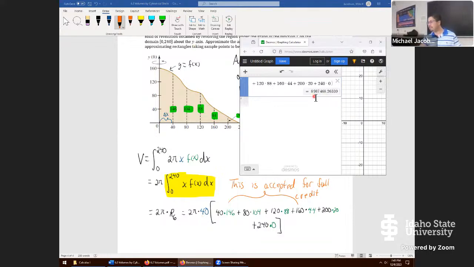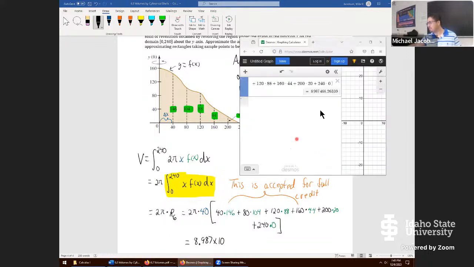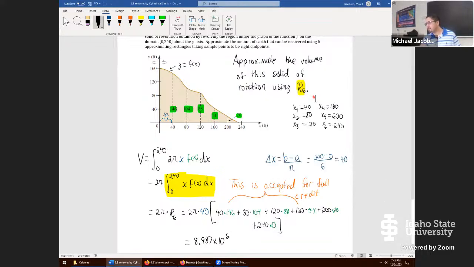And this is our result. It's 8,987,468.3 cubic feet of dirt. You know, probably a better way to write this answer is just scientific notation at this point. Let's call this 8.987 times 10 to the power of, let me double check, I think that was 1, 2, 3, 4, 5, 6, 10 to the power of 6.